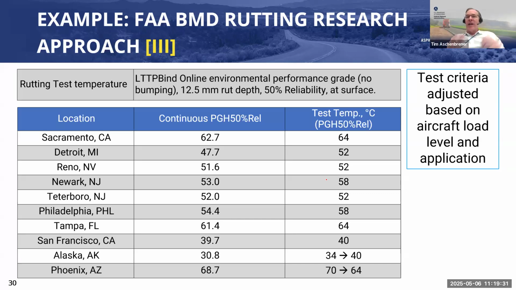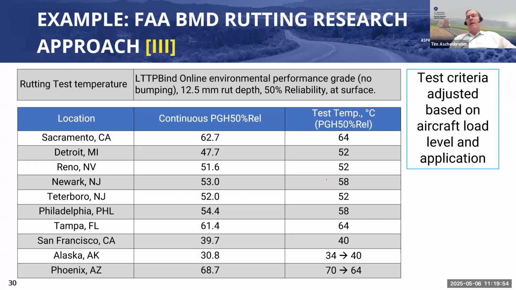And I guess I would just add, not necessarily to the question, but in terms of implementation, I think this work was fantastic. It's very phenomenal work, and I think it gives a lot of good insights for states around the country that may want to use the Hamburg. But the thing I think is worth repeating is that the PG high temperature is at 50% reliability.